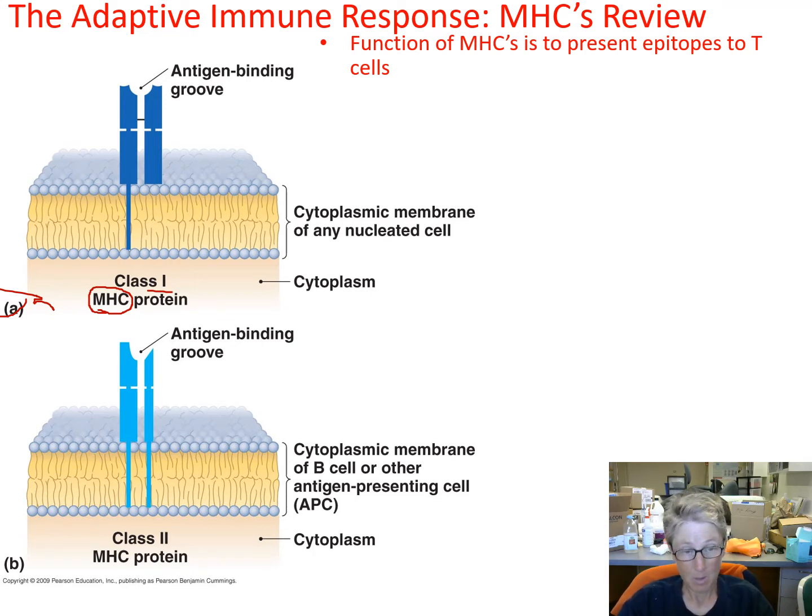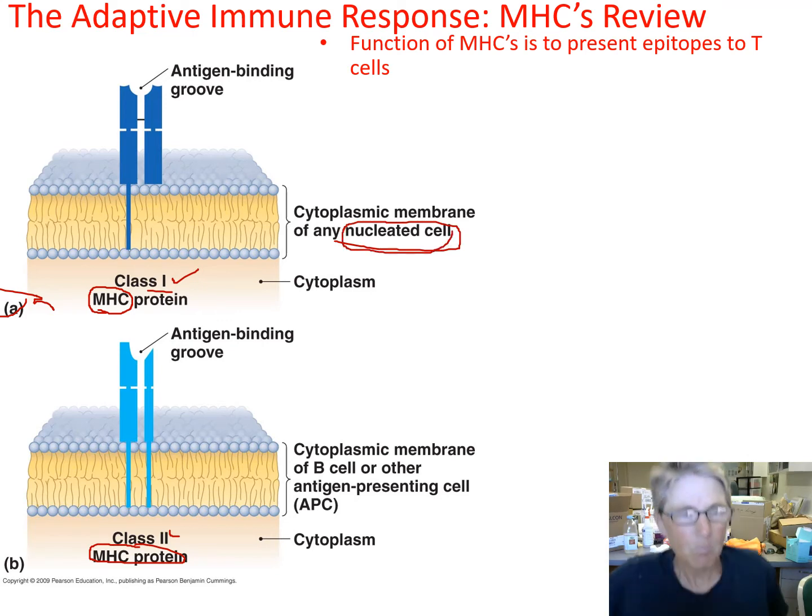And letter B, this is an MHC class 2 protein, and you can see whether you're an MHC class 1 or an MHC class 2, you're sticking out of the phospholipid bilayer of a cell. So if you are a class 1 MHC protein, you can find those sticking out of the cytoplasmic membrane or the cell membrane of any nucleated cell.